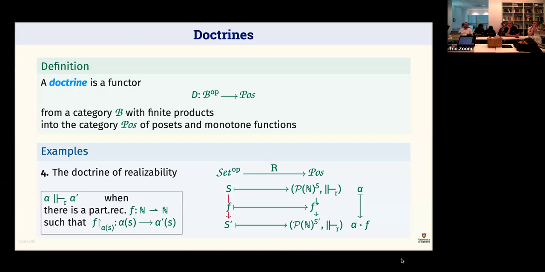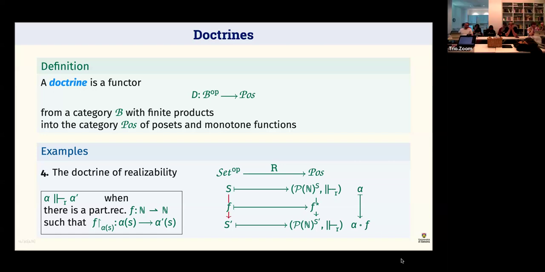There is an extremely nice example. It was, I would say, probably the main one that pushed the notion of doctrine and hyperdoctrine into the foreground, and that is the doctrine of realizability. And I couldn't fit Pliny's realizability here, but it's absolutely that. In fact, the notation intends to almost refer to that.